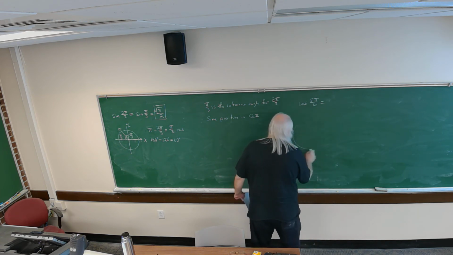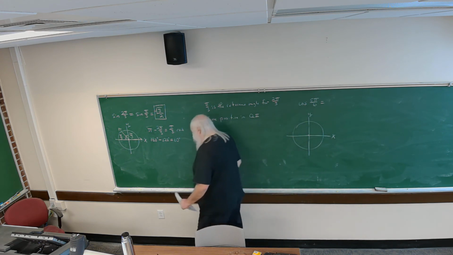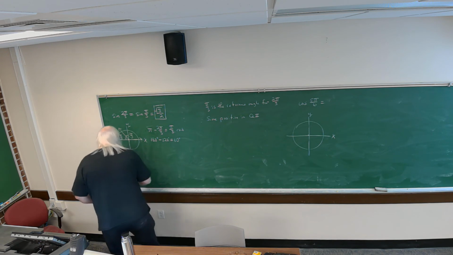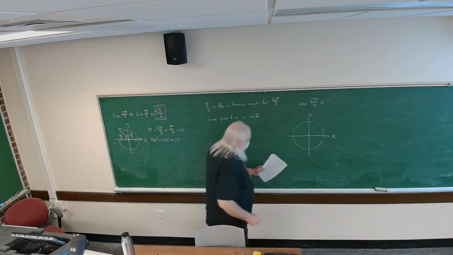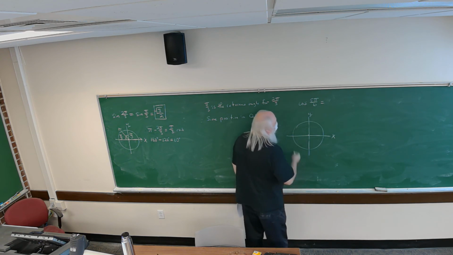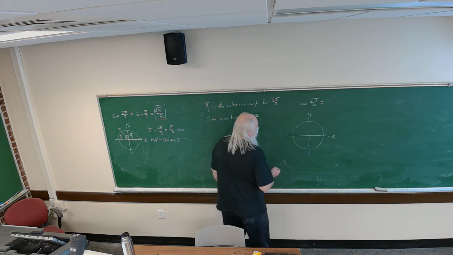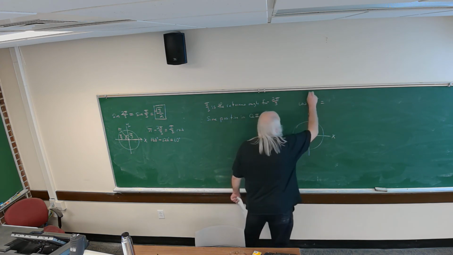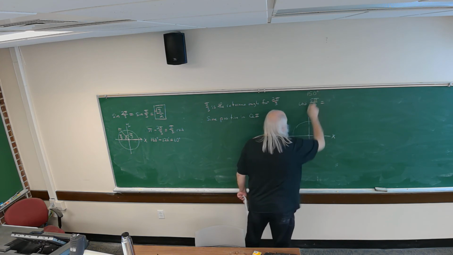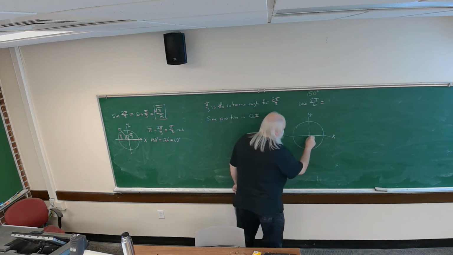So again, here's my unit circle. Now, angle 5 pi over 6. If you convert that to degrees, that's 150 degrees, which is less than 180 but more than 90.